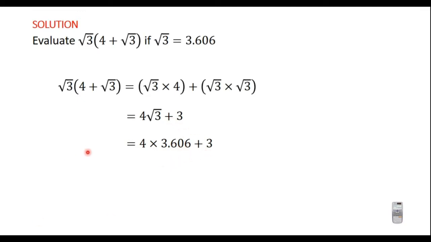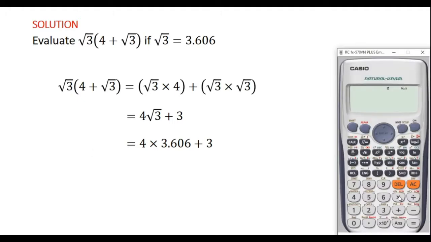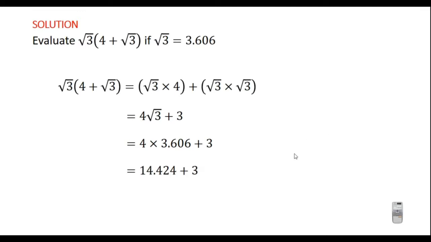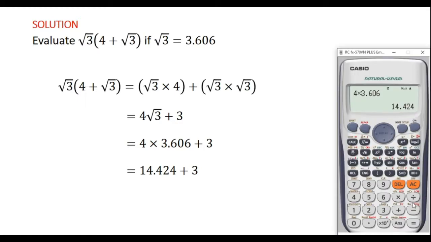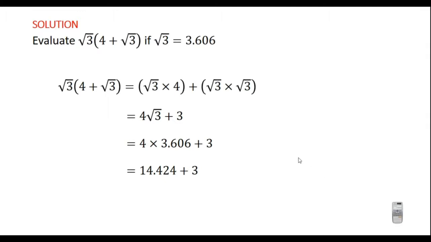So 4 times 3.606 will give us 14.424. So we are going to have 14.424 plus 3. So 14.424 plus 3 will give us 17.424 as we can see here.